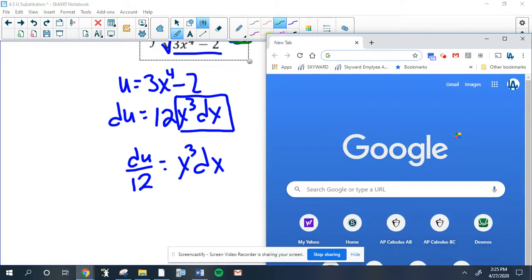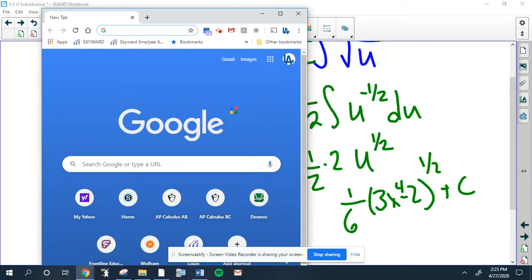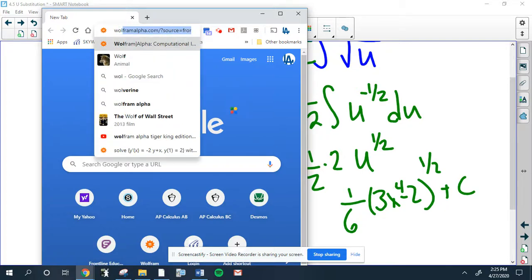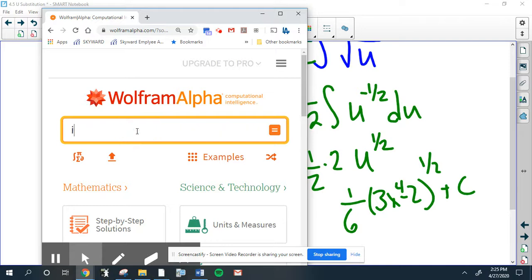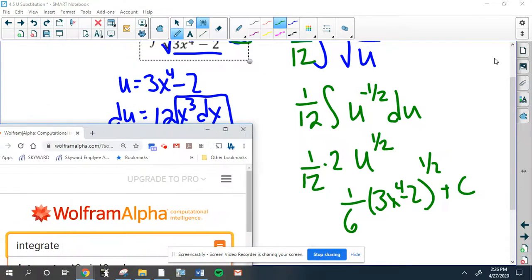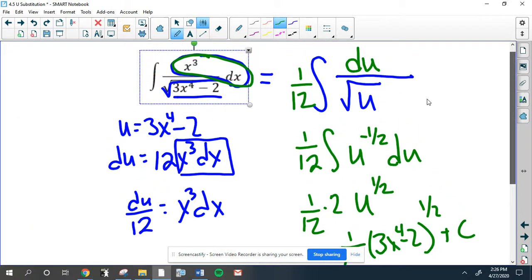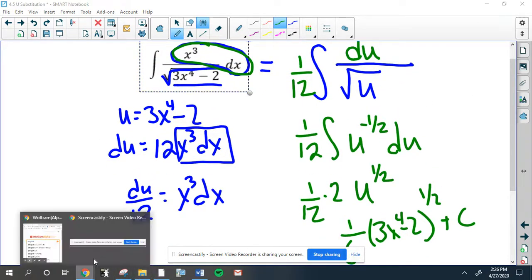This one I'm not going to leave until I check. We're going to do it in Wolfram Alpha. I'm going to type in integrate my original function, which was x cubed over the square root of 3x to the fourth minus 2.